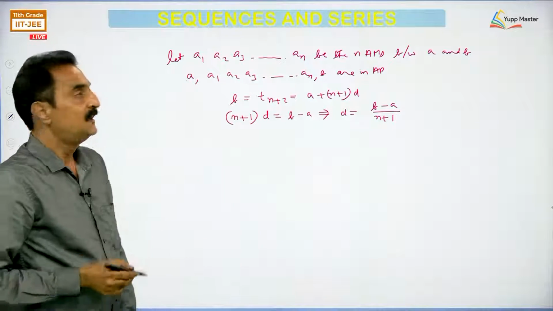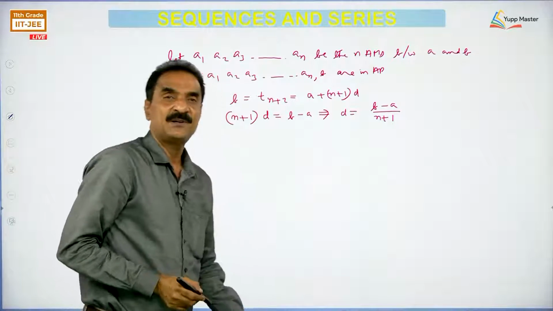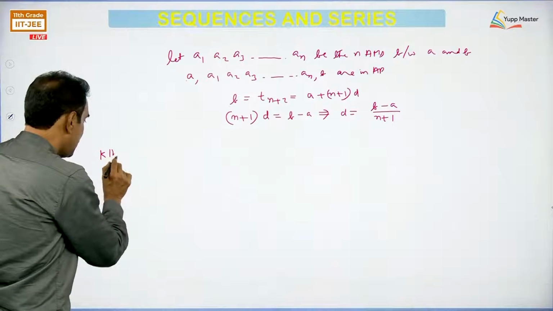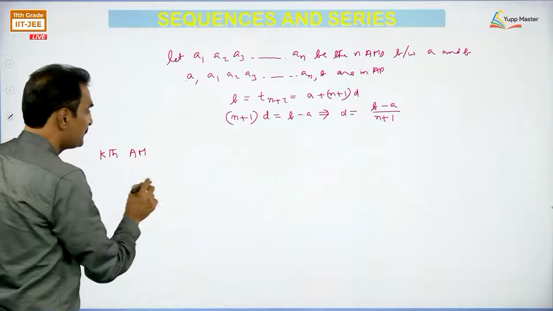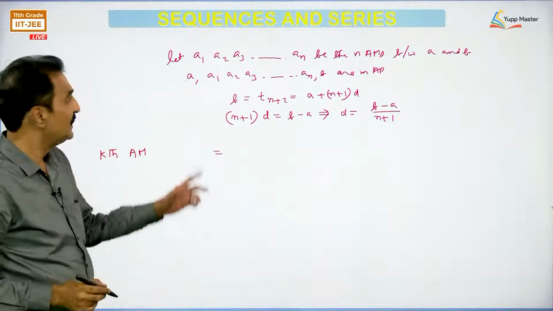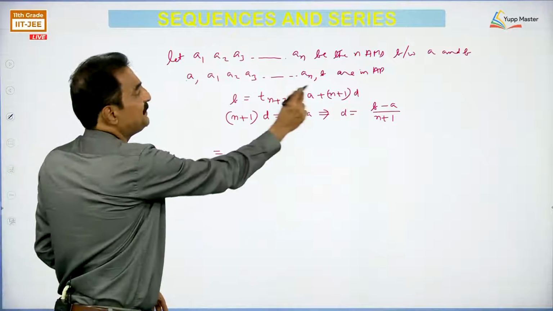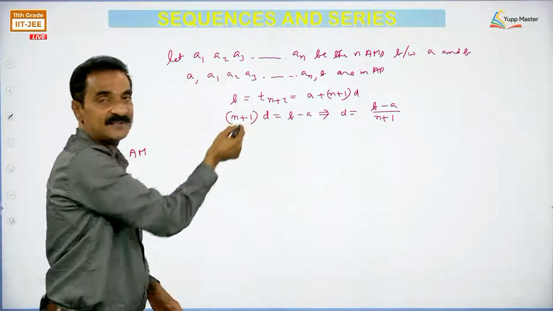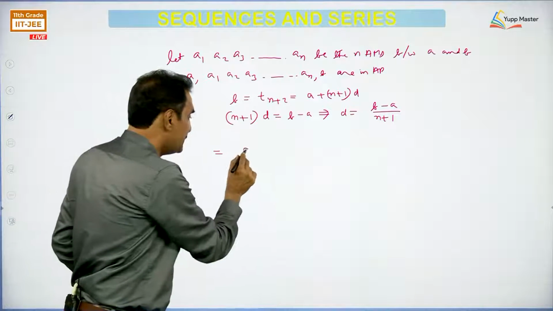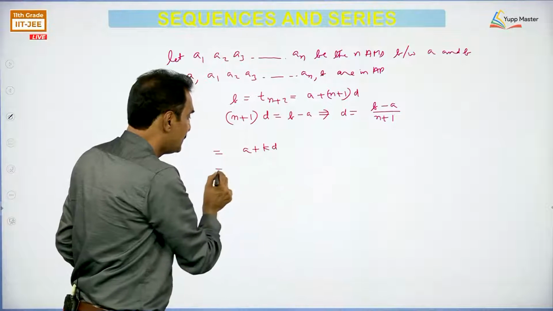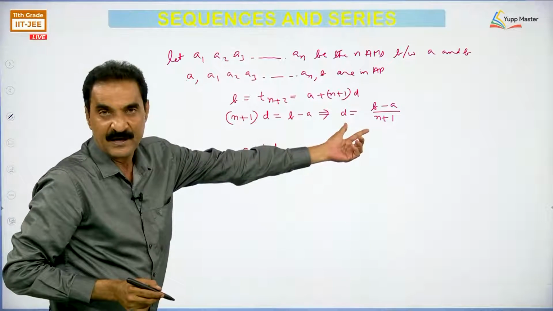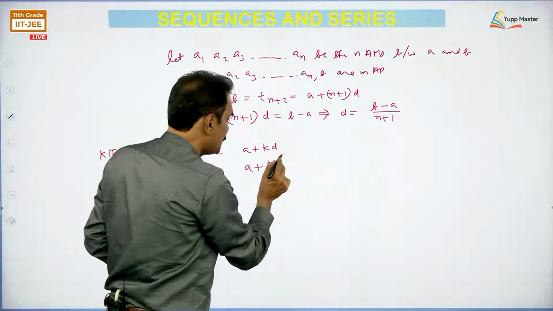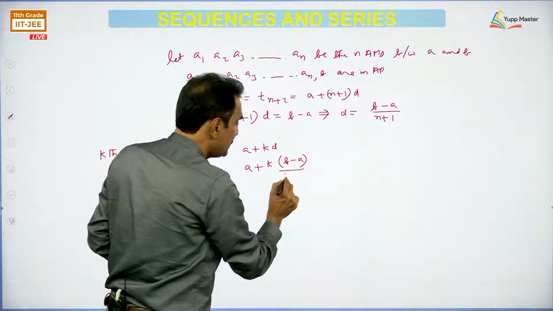Okay. Now, suppose you want to find a particular arithmetic mean, say the kth arithmetic mean. The kth arithmetic mean is equal to, first arithmetic mean is what? If these are in AP, first arithmetic mean A1 is A plus D, second A2 is A plus 2D, A3 is A plus 3D. So Ak is A plus kD. Substitute D, already calculated. Substitute D as (B minus A) by (n plus 1): A plus k into (B minus A) by (n plus 1).